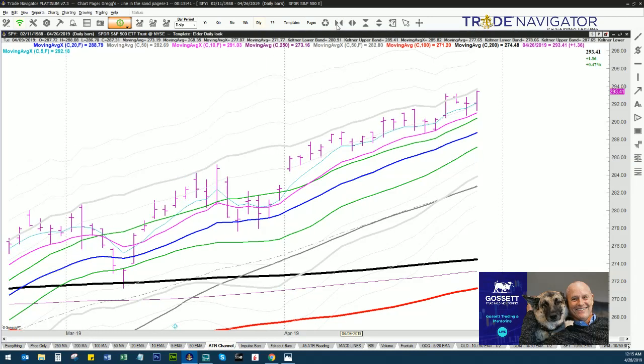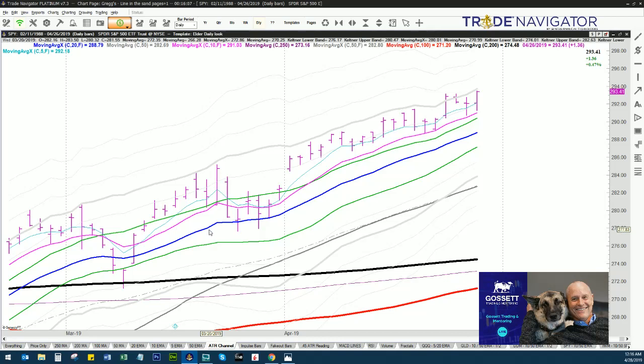So the reason I have the 1 ATR and the -1 ATR bands in green is because it takes a lot of buying pressure or a lot of selling pressure to get prices outside of the first ATR channel or below the -1 ATR channel.